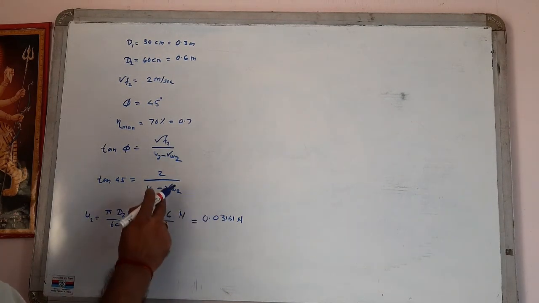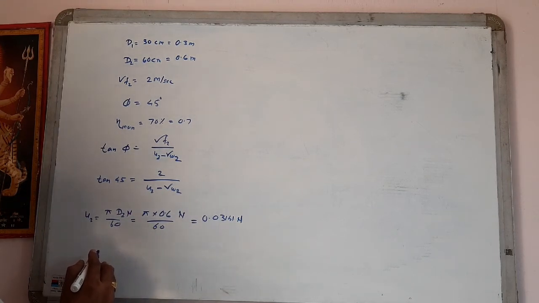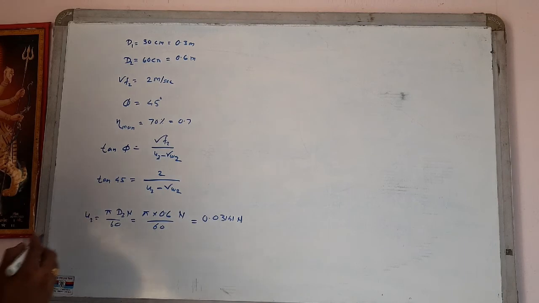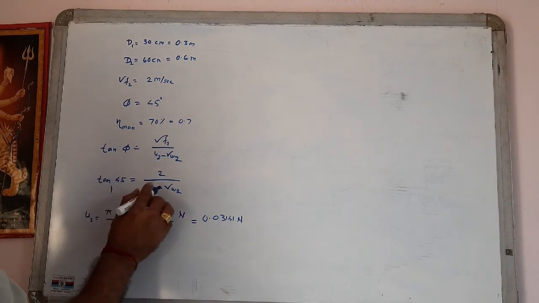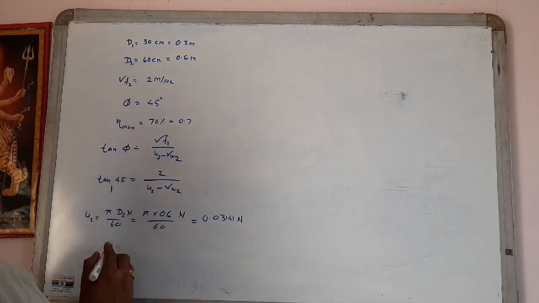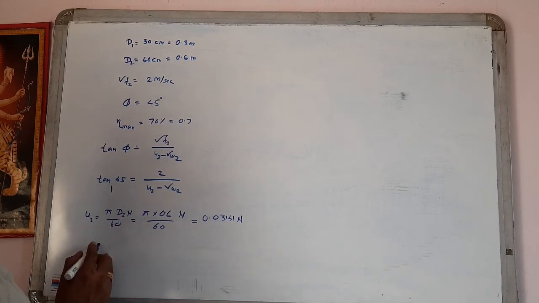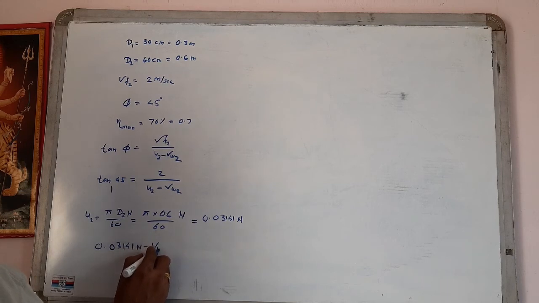The value of tan 45 is 1. So this is U2 minus Vw2 equal to 2.